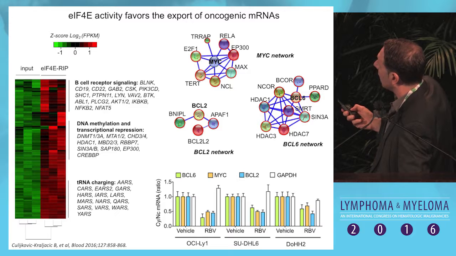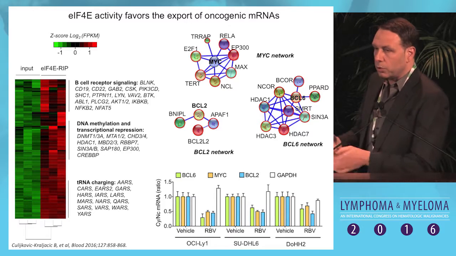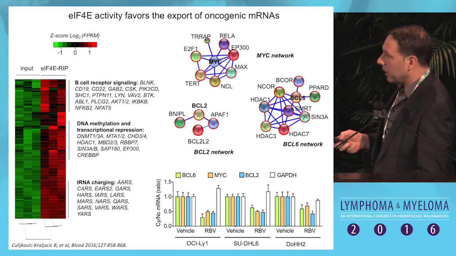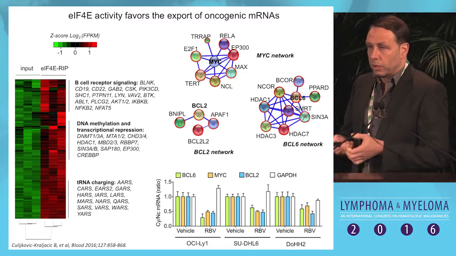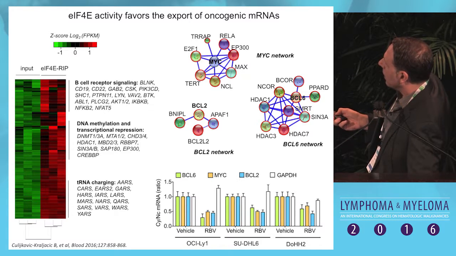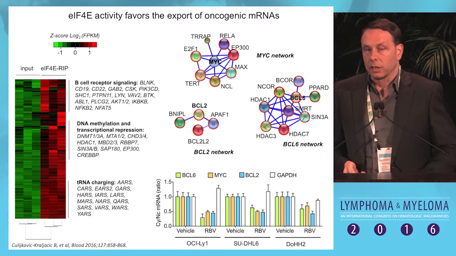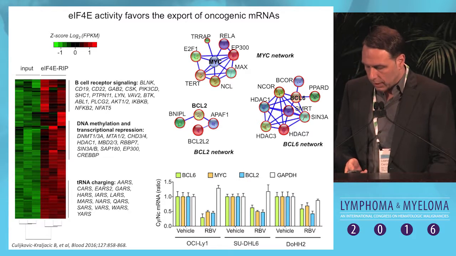So MYC and the MYC network, BCL6 and BCL2 are exported using EIF4E. Therefore, if you inhibit EIF4E using ribavirin, an antiviral drug, you see a decrease in the expression of BCL6, MYC, and BCL2 at the same time in different cell lines, including double hit and triple hit cell lines.